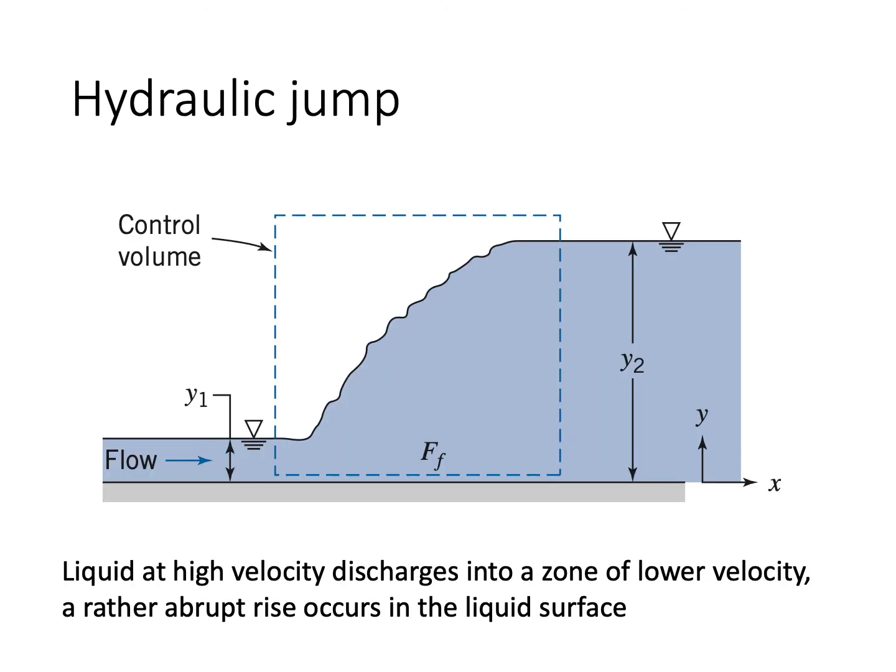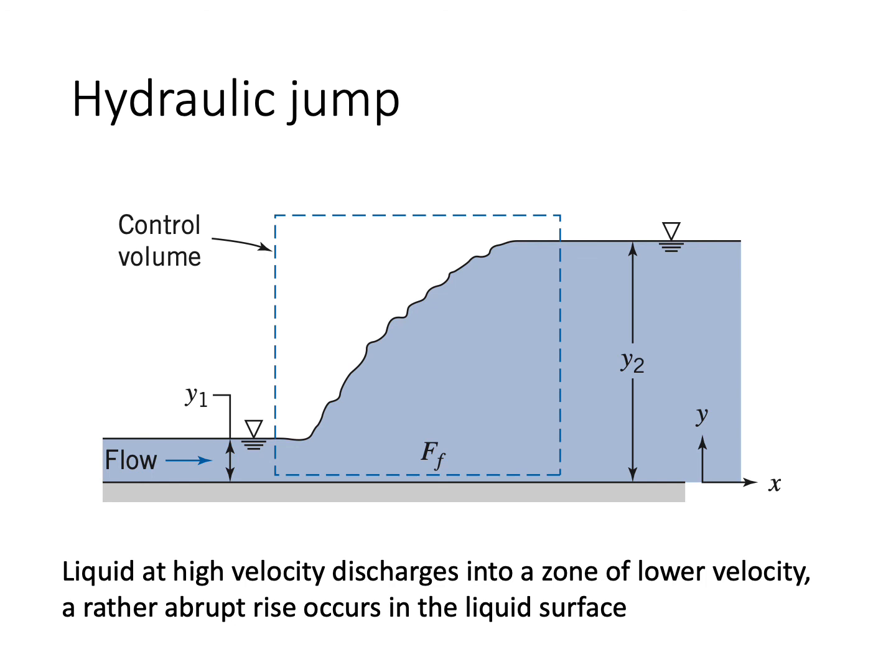Another feature of open channels is what we call a hydraulic jump, and this is when the flow is going fast. The flow is coming from the left and is flowing very fast, at high velocities. When it discharges into a zone of lower velocity, then a rather abrupt rise occurs. So this is what you see.